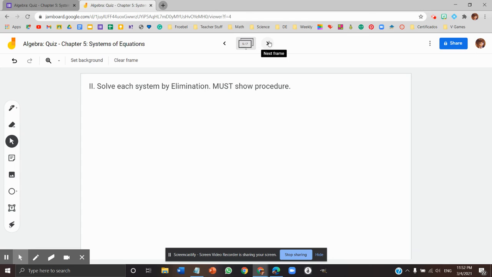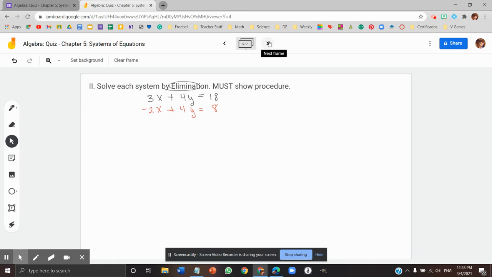So let's say that I have 3x plus 4y equals 18. And again, we're doing this by elimination. My second equation is negative 2x plus 4y equals 8.